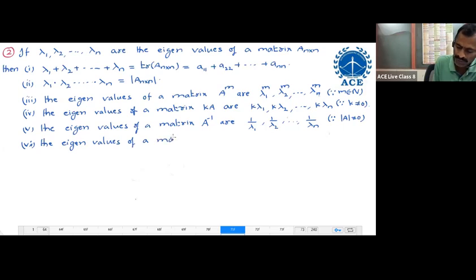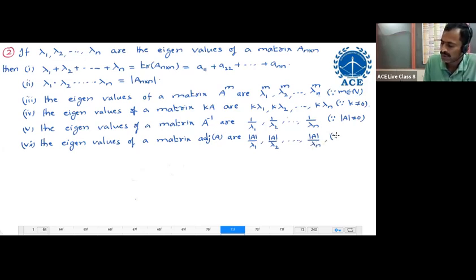The eigenvalues of a matrix adjoint of A are determinant of A by lambda 1, comma determinant of A by lambda 2, and so on, determinant of A by lambda n, within the brackets, since determinant of A not equal to 0. If A has eigenvalue lambda, then A inverse matrix will have an eigenvalue 1 by lambda. That is, the inverse matrix eigenvalue is the reciprocal of this only.